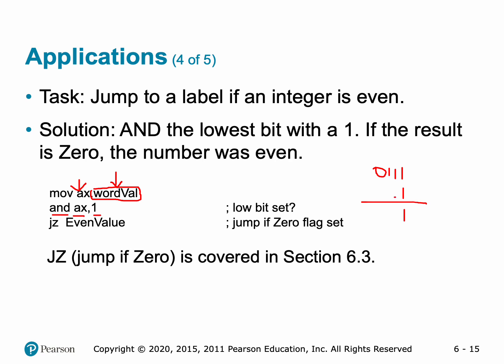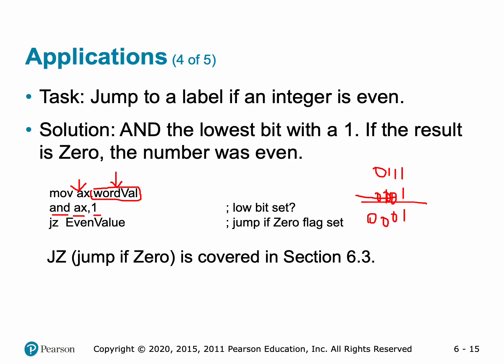So all of these right here are going to be 0, 0, 0. So 1 and 0 will be 0, and then 1 and 0 will be 0. So these are all zeros. And because they're all zeros and this is an AND, all these are going to be zeros.